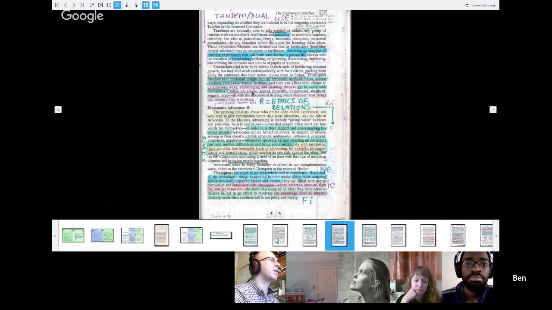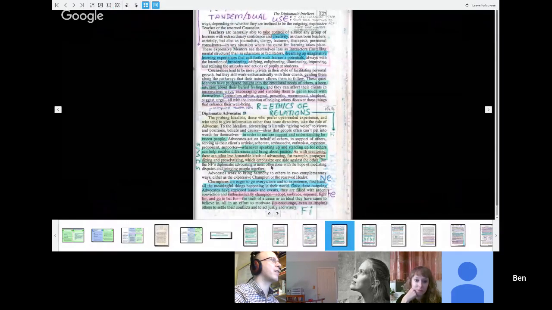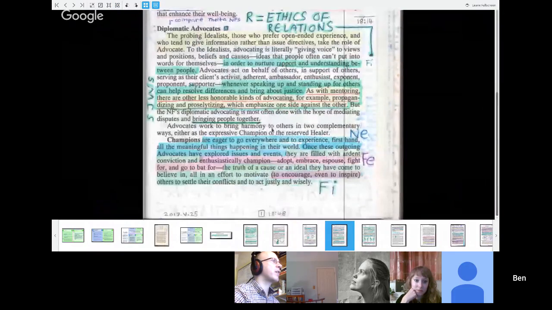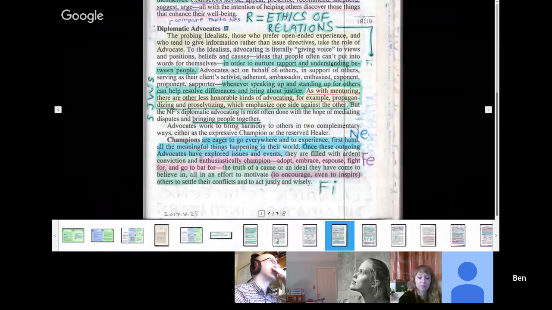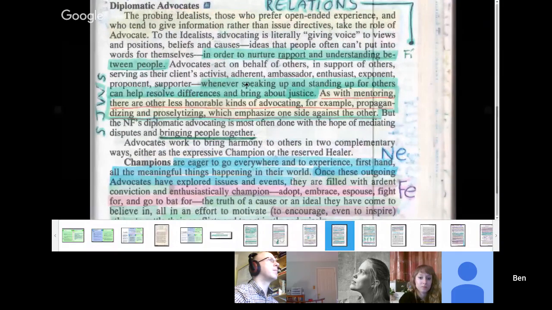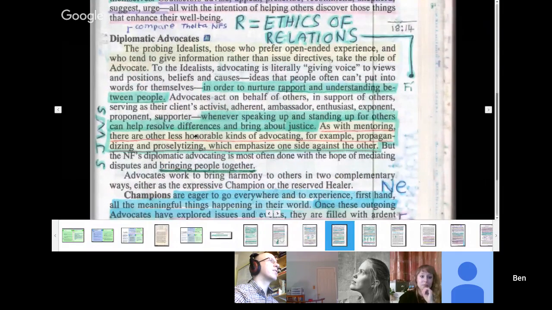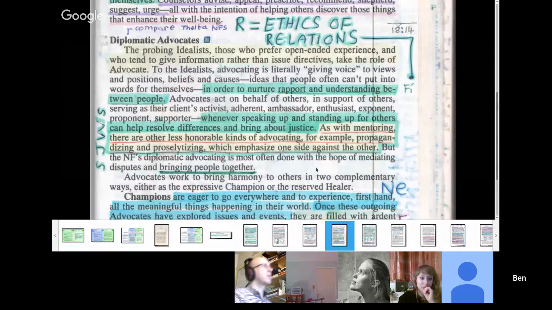here we go, our teachers, that's a directive role. So if we, diplomatic advocates, that's both of them. Yes. And so we can see what we think of this. At this point, what he meant by probing was probing for options.